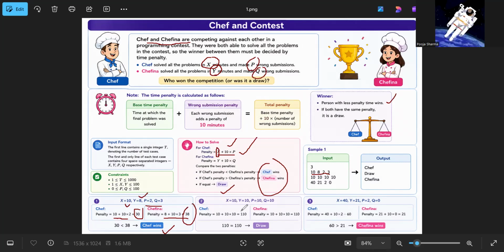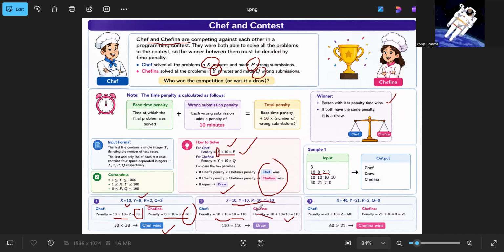Let's take another example. Here both have X value 10, Y value 10, P value 10, and Q value 10. So the formula is 10 plus 10 multiplied by 10, which will give you 110. On both sides, it gives 110.